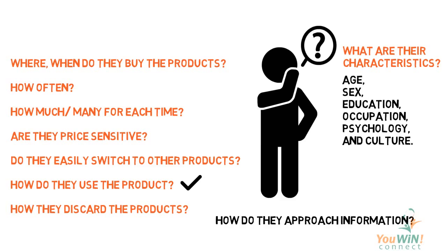What kind of information are they interested in? When? And what source do they rely on for their information? This would also assist us in knowing how to send information to our would-be customers.